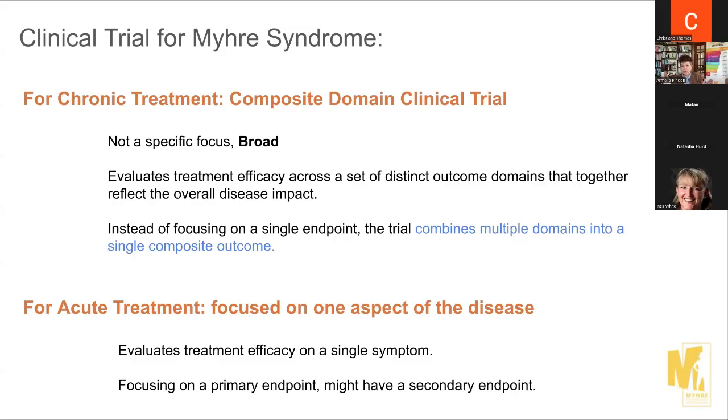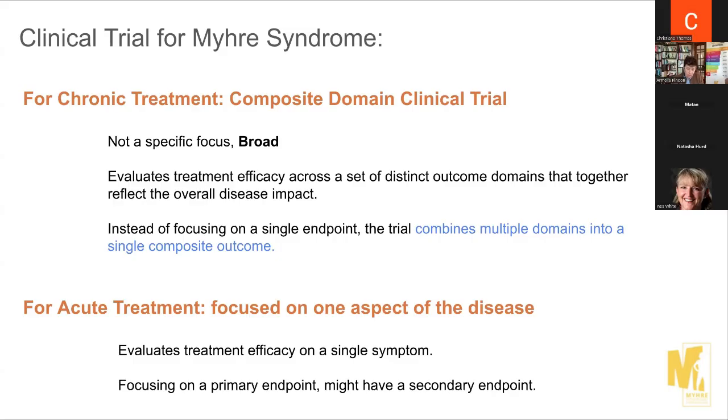So we are going to choose not only one aspect, but different aspects, what we call domains, and we are going to group them together so that it can reflect the overall disease impact.